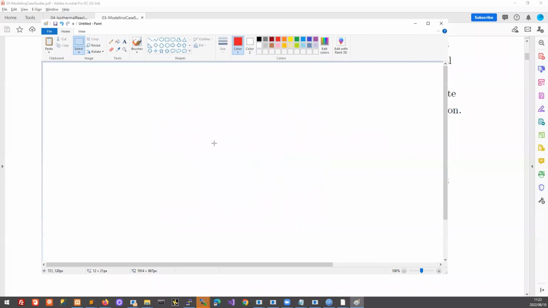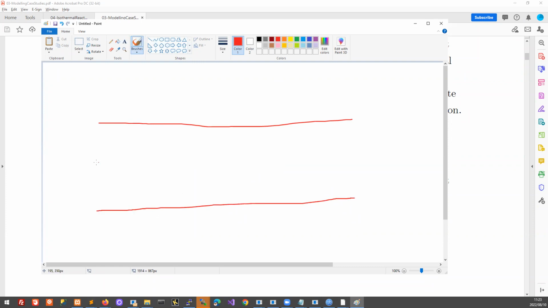So think about a problem like this, right? You've got a tube. So you've got flow in a tube here, and our component A enters, and there's reaction happening on the surface of the tube.